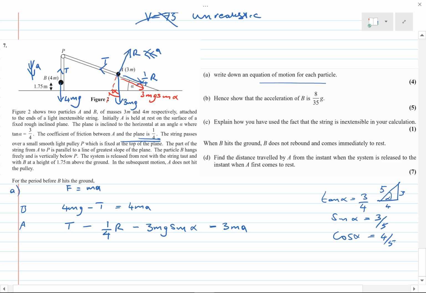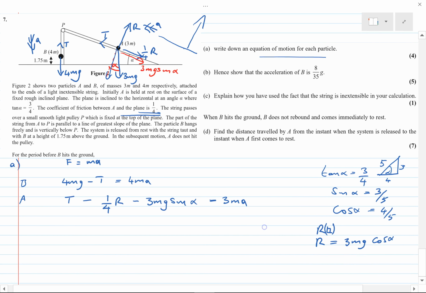We don't know what R is, but we can resolve perpendicularly because there is no motion in this direction, so the forces have to be balanced. Perpendicular to the plane, R equals 3mg cos alpha, and cos alpha equals 4/5, so R is equal to 12mg/5.